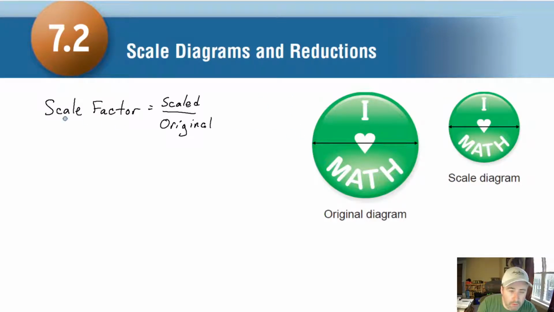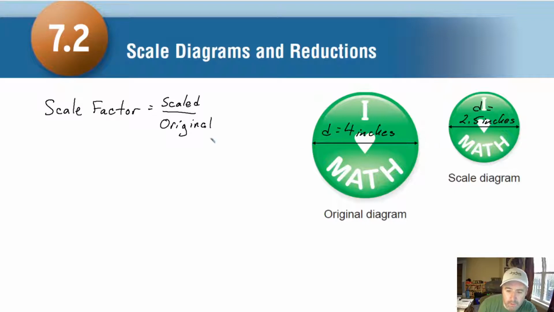So on my screen, the original one is about, and I'm just going to use inches just to show you the units don't matter, about 4 inches on my screen. And on the scale diagram, the reduction, it's about 2.5 inches. So those are our diameters.